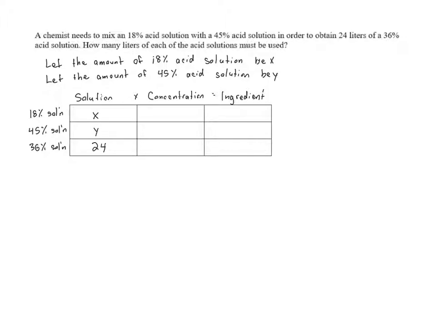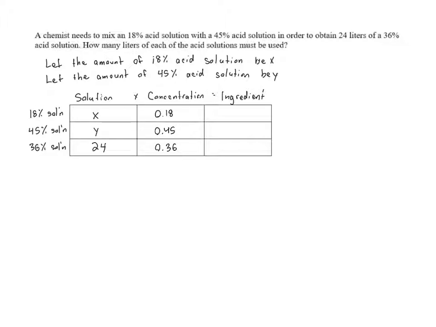Now the concentrations we can fill in. Those are just the percentages. And as a decimal, 18% is 0.18, 45% is 0.45, and 36% is 0.36. To figure out what goes in the ingredient column, we multiply across because solution times concentration equals ingredient.